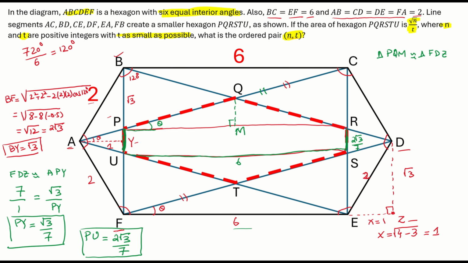I have 7 divided by half of 6, or 3, equal to root 3 divided by QM, and we can get the value of QM, that is equal to 3 root 3 over 7 here.